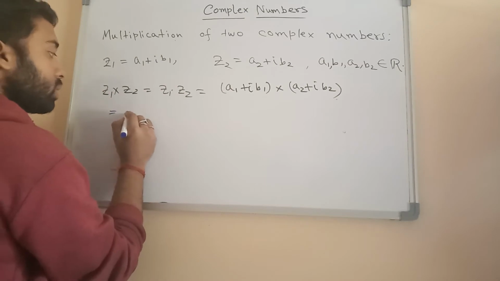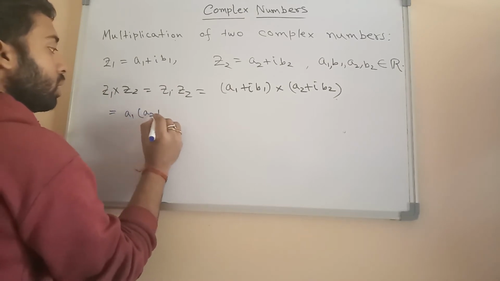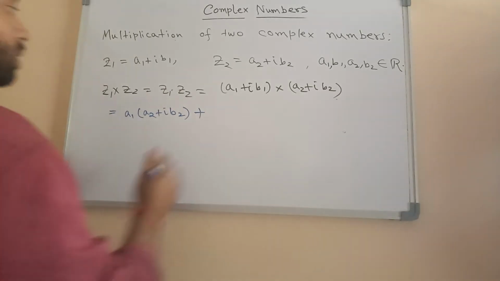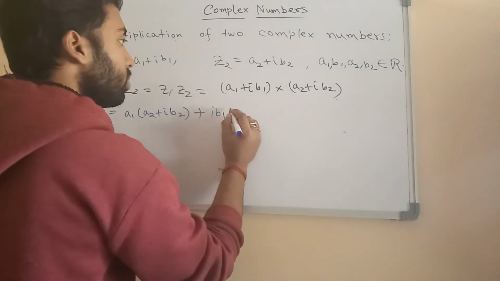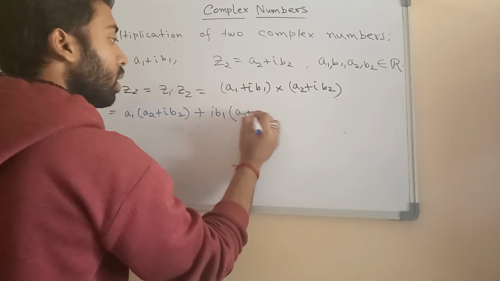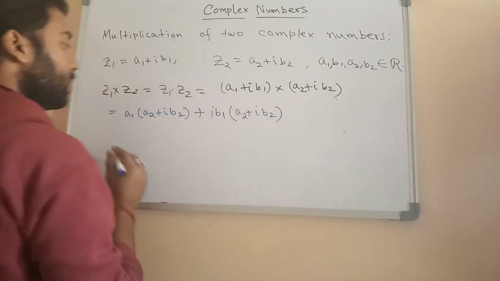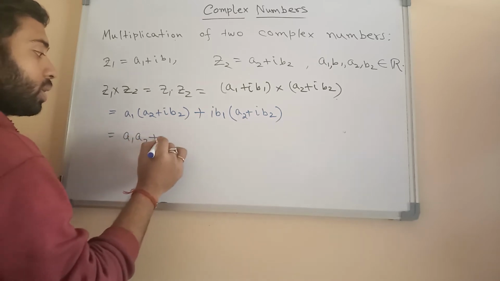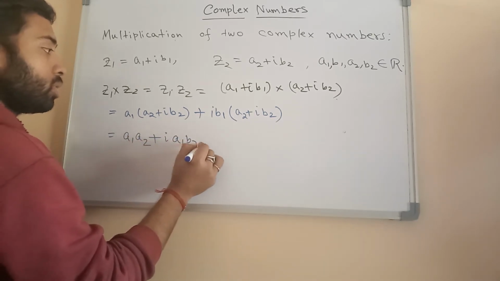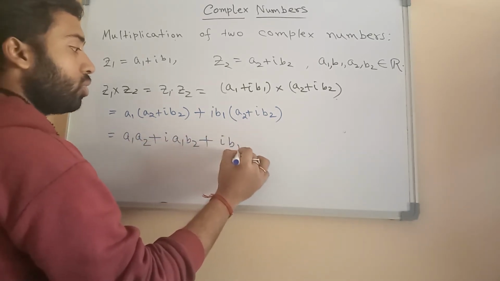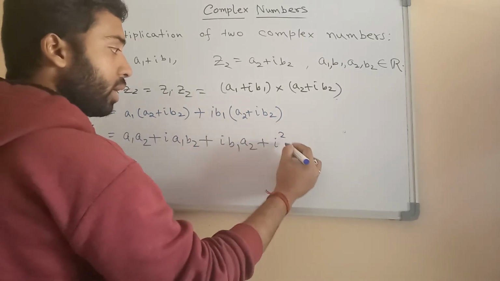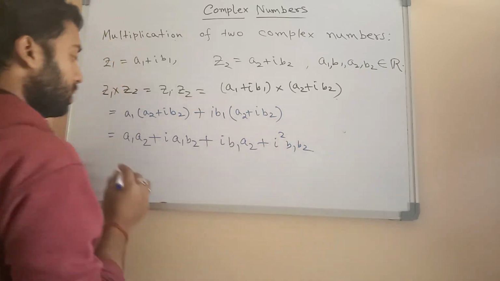It becomes a1 into a2 plus ib2, plus ib1 into a2 plus ib2. So multiplication: a1 a2 plus i into a1 b2 plus i into b1 a2 plus i into i is i square, and this is b1 b2.